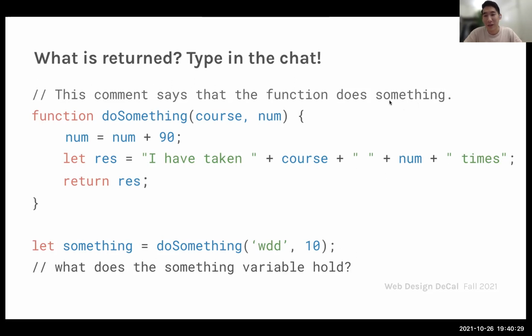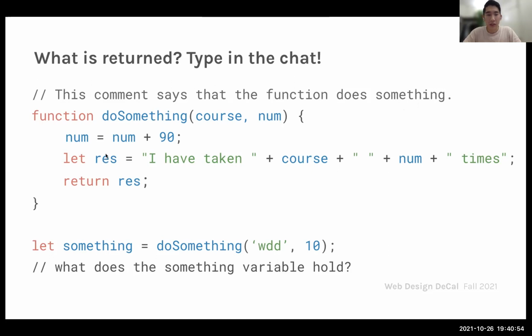The output is I've taken WDD 100 times. We see that we pass in some number here that's going to be 10, right? This first parameter corresponds to this course right here, and the second one corresponds to this. So we take this number, which is 10. Inside here, we update the value of num to be 10 plus 90, so now num equals 100. And then we have this res.